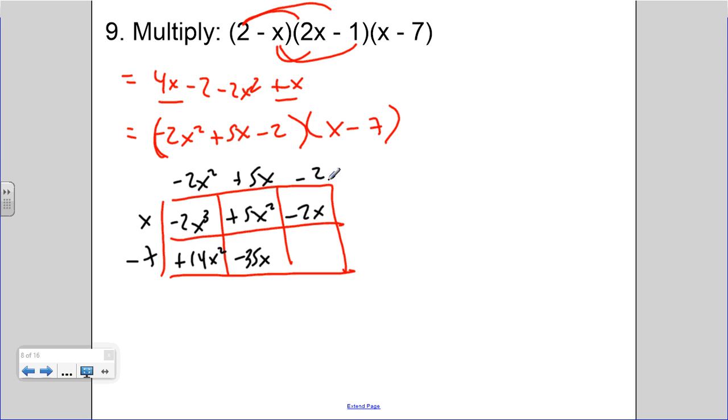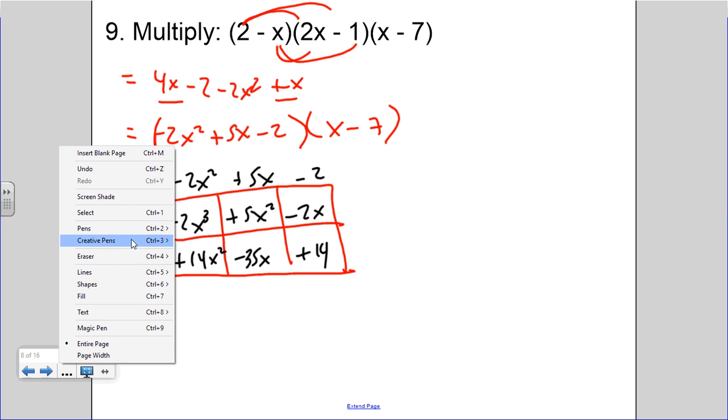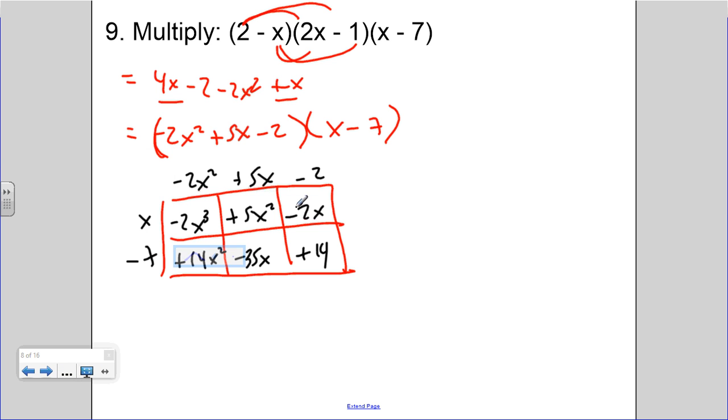Negative 7 times negative 2, positive 14. So bring the results out of the box and stack your like terms. So I have negative 2x cubed plus 5x squared minus 2x plus 14x squared minus 35x plus 14. 14 as a final answer.